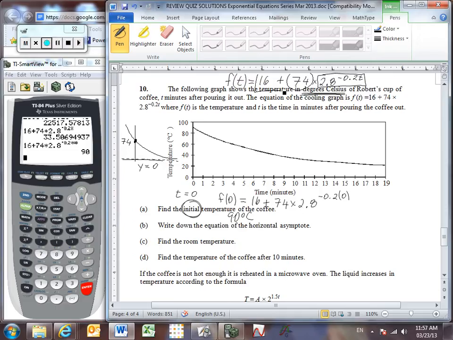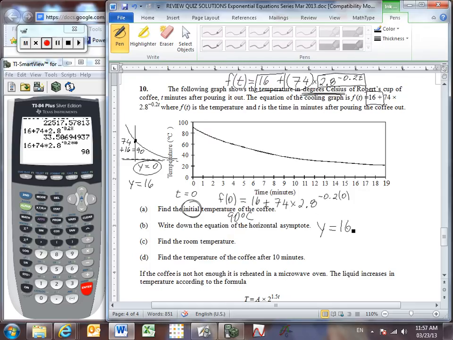But the plus 16 in the function demonstrates that we are moving this entire function upwards by 16 units. So our y-intercept became 90, as we discovered in part A, and our asymptote will also move upwards by 16 units, and so the equation will be y equals 16.